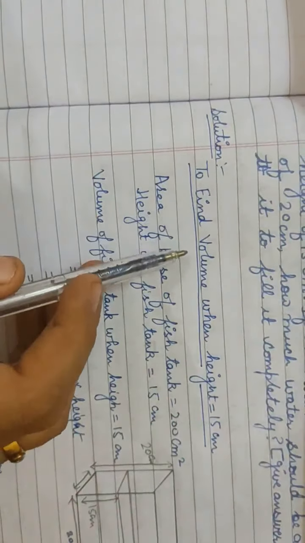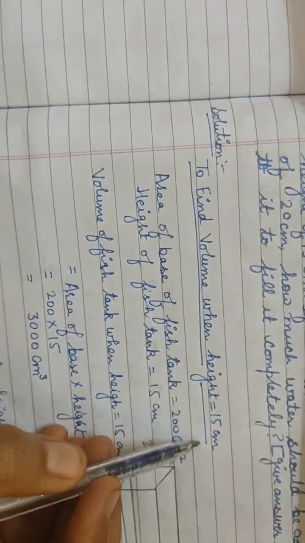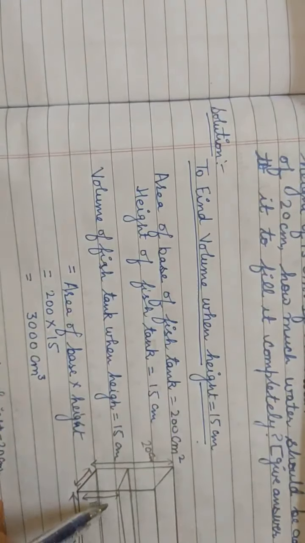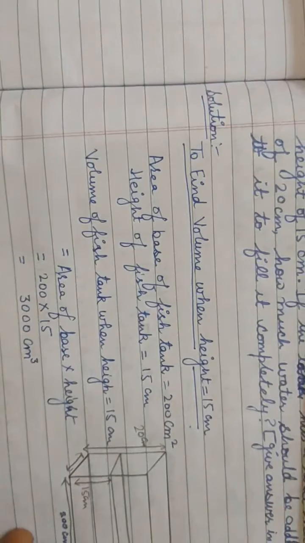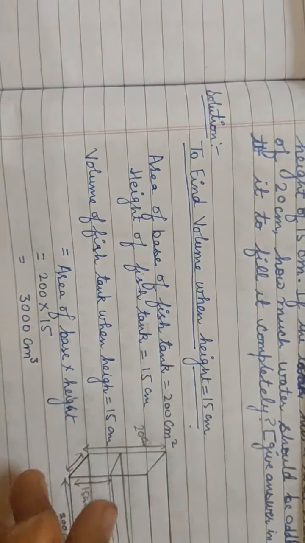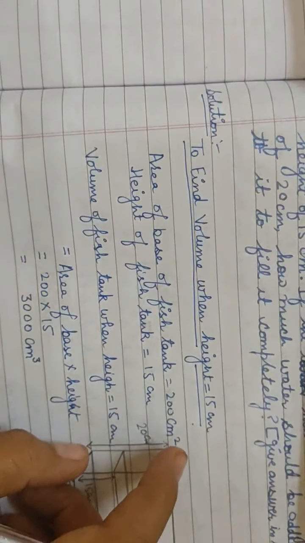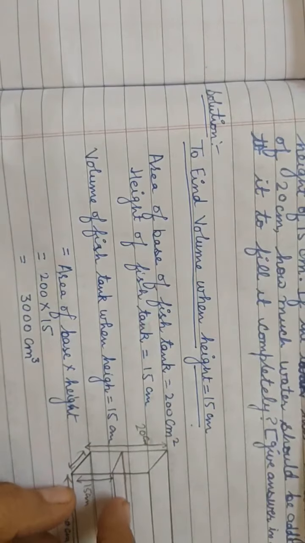To find volume when height is 15 centimeter. When the height is 15 centimeter, the base area will remain same. Whether we are finding the volume with height 20 centimeter or with height 15 centimeter.